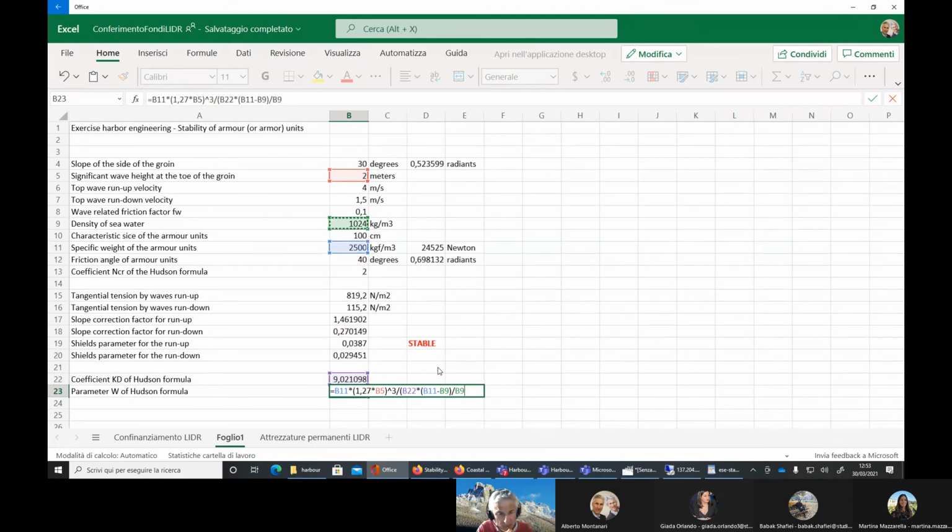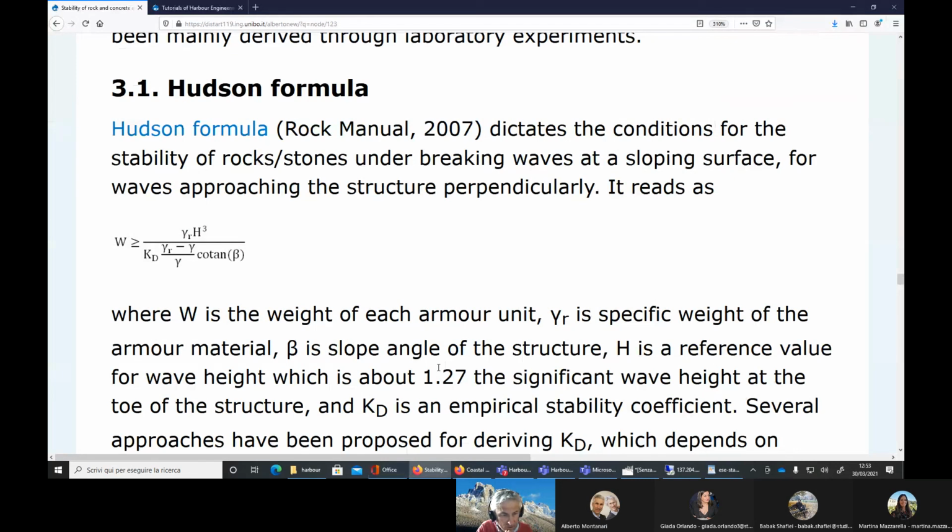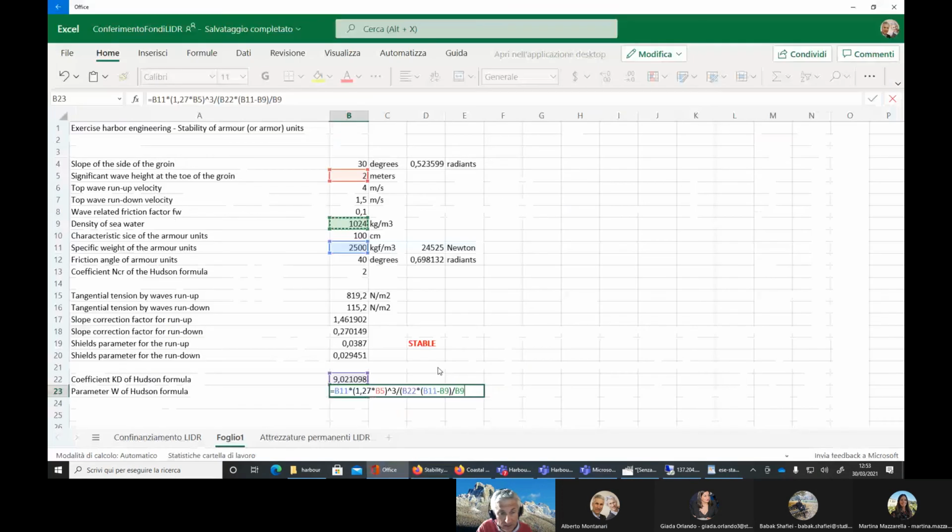Okay, this is okay. Let me look at the formula. Very good. And then I have to divide by the tangent of beta.